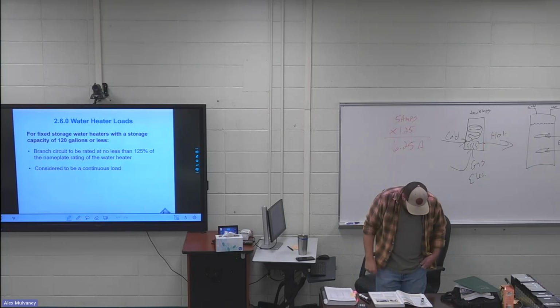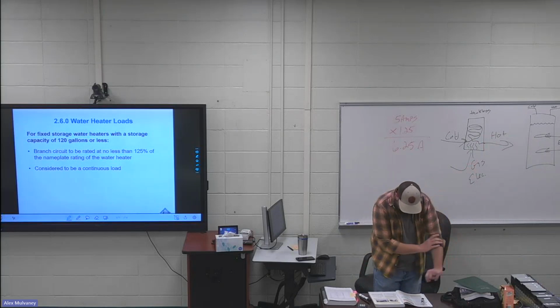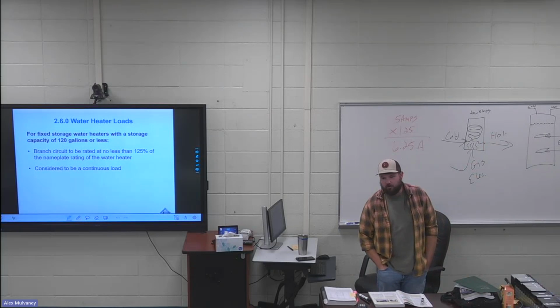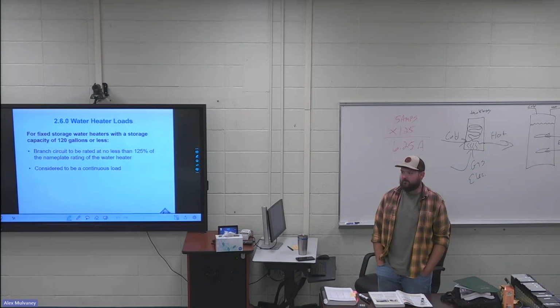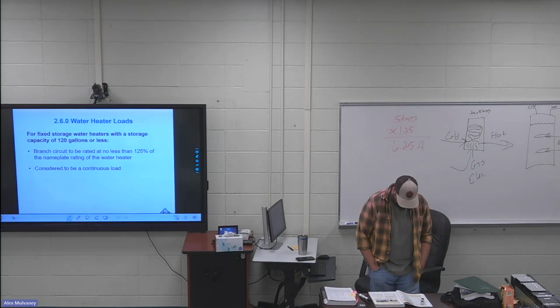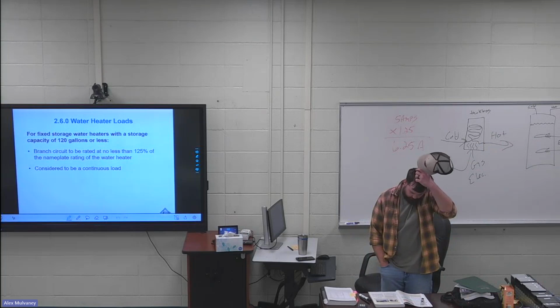Fixed storage water heaters have a storage capacity of 120 gallons or less. Most of your water heaters at your house are 40 to 50 gallons. A 50 or 60 gallon water heater, you walk into somebody's utility room and think, we got a big water heater. They are rated at no less than 125% of the nameplate rating of the water heater.